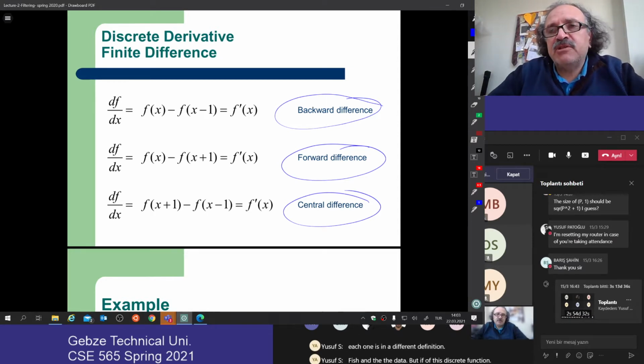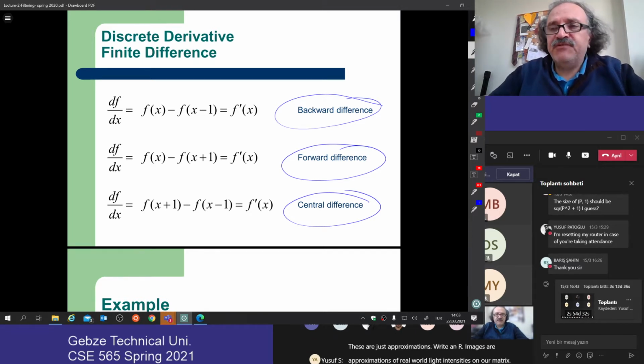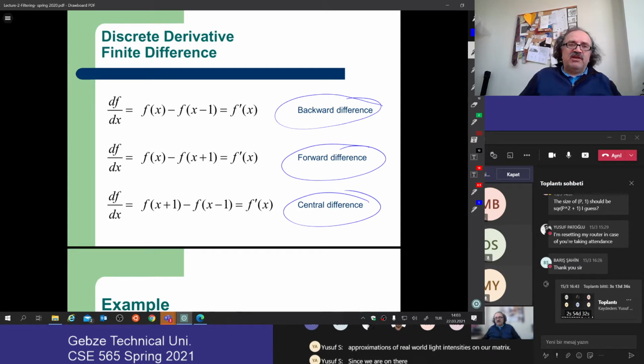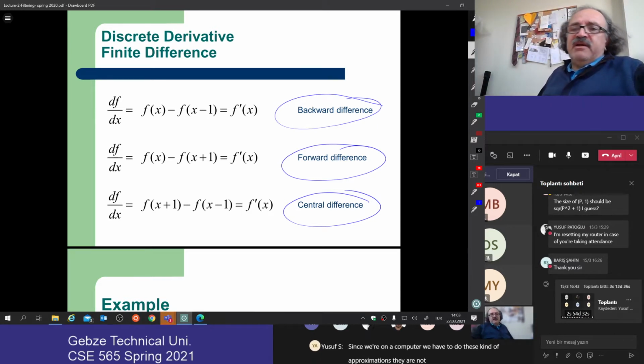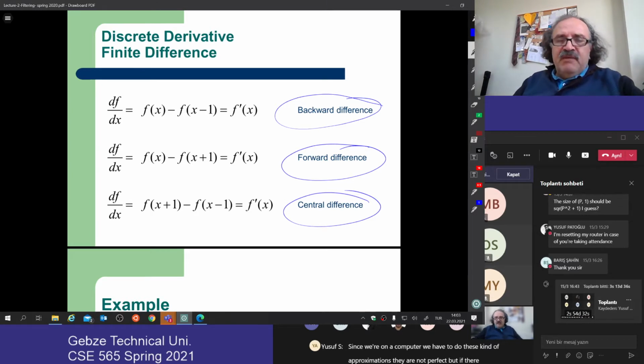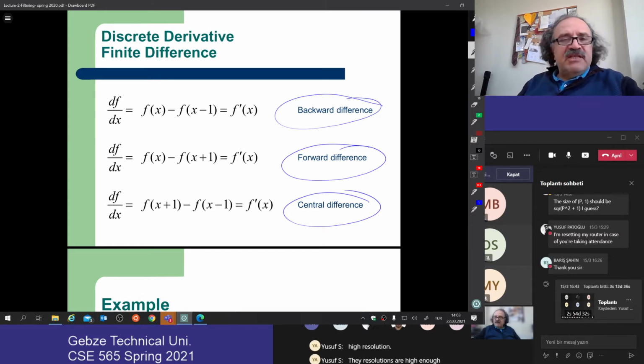These are just approximations, right? And our images are approximations of real world light intensities on our matrix. Since we are on a computer, we have to do these kinds of approximations. They are not perfect, but if the images are high resolution, if our sampling rates are good enough, then we will be close to the real world values.